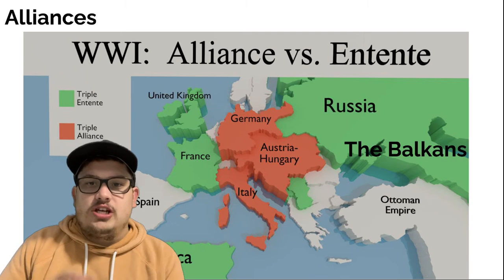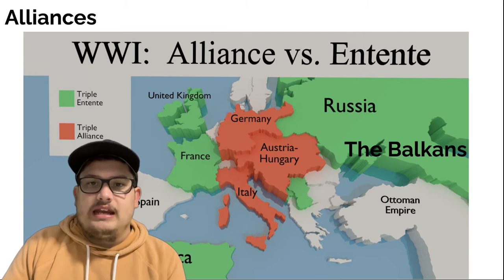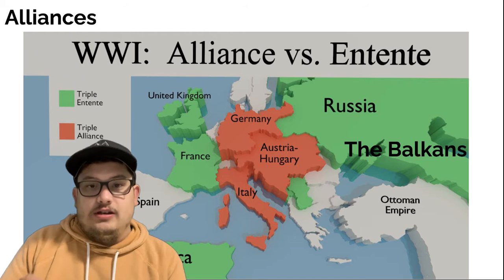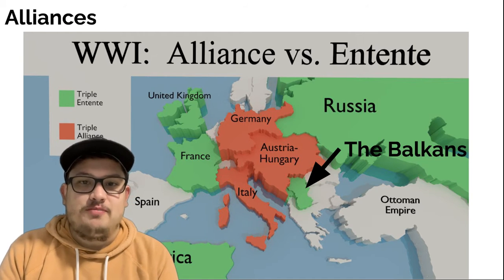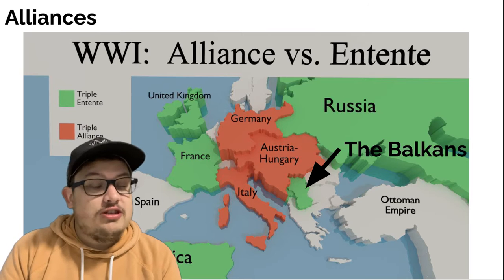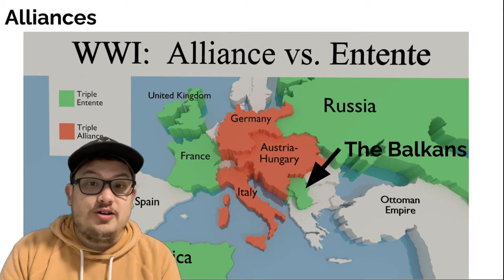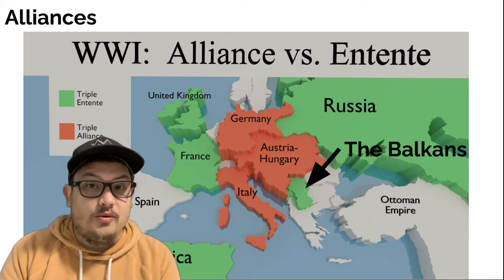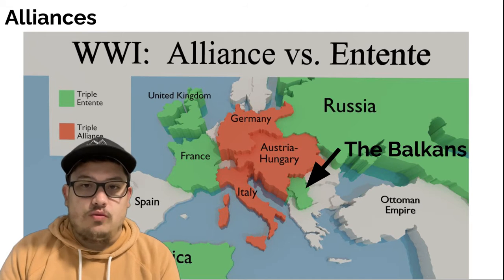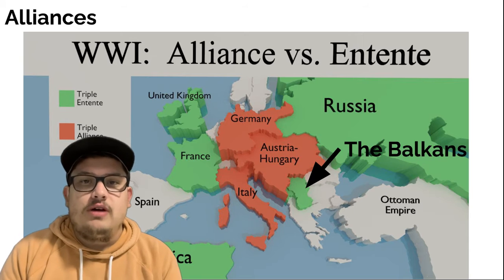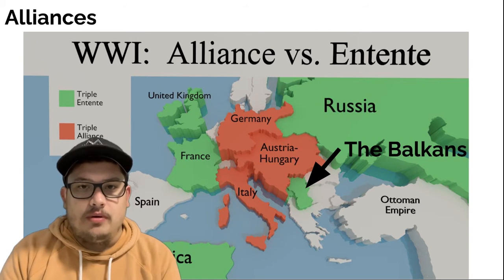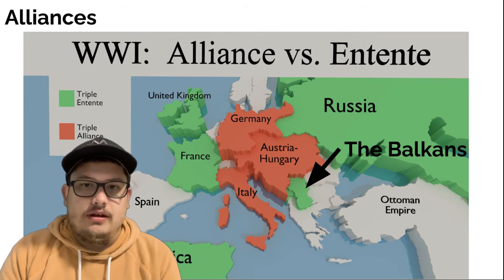Now, the place geographically that is the most significant is an area called the Balkans, and you can see it right there. Now, the irony is they're not the most significant because they're powerful. They're just the most significant because that's where you're going to have the start of World War I. So the Balkans are aligned with Russia. And again, without going into all of European history, you do have a lot of tension between areas in the Balkans and Austria-Hungary.